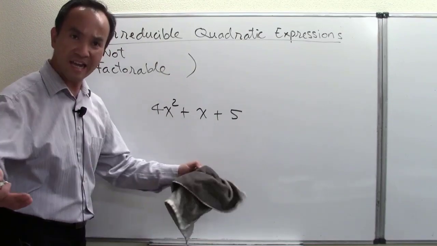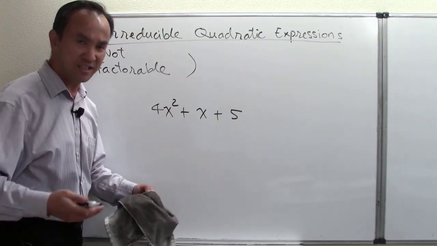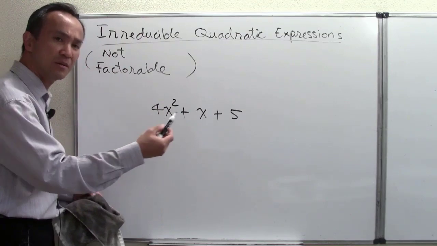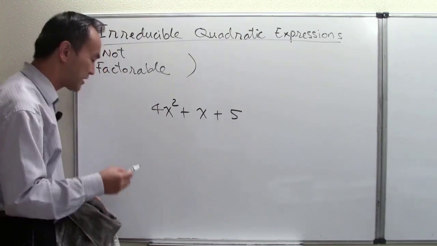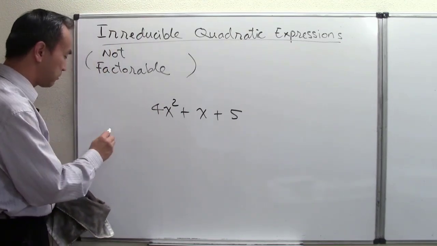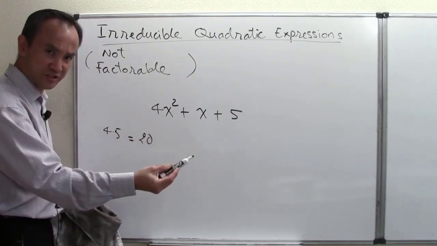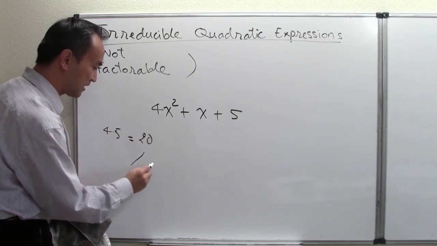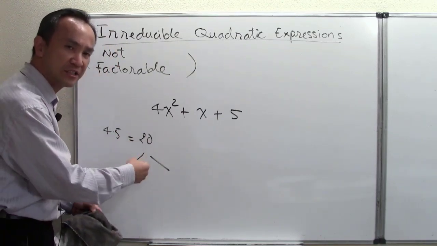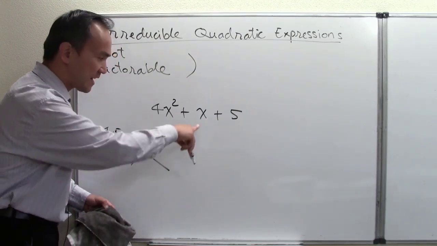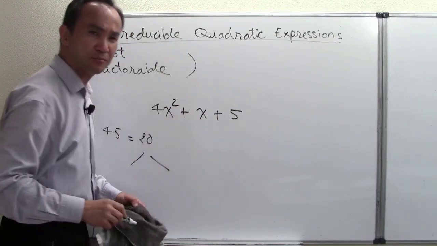So we've learned the AC method, or any method that you've learned. Let's bring it in and see. The most common method is the AC method. So I'm going to multiply 4 with 5, and that gets me 20. And then, as usual, we're looking for two factors of 20, including signs, that sum to positive 1.